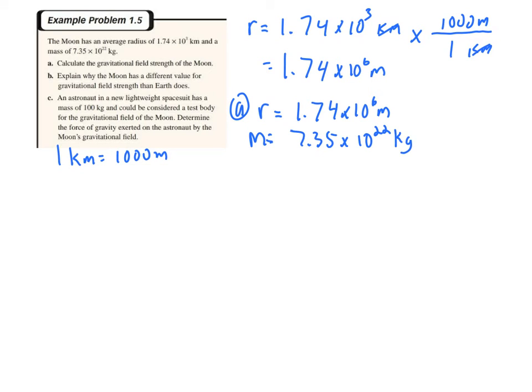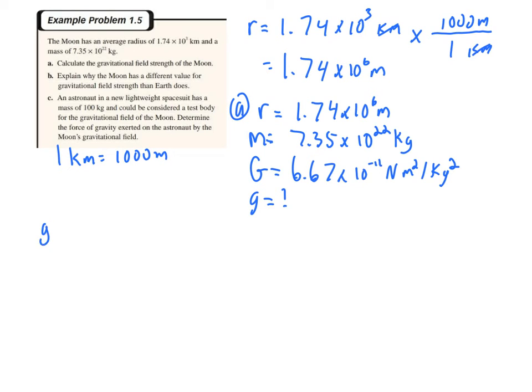That's nice that it's in kilograms for us. We already know big G. Big G is our constant, which is 6.67 times 10 to the negative 11 Newton meters squared per kilogram squared. And then we have our little g. That's all we need to solve for now.